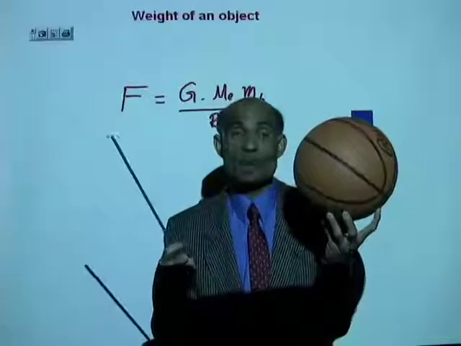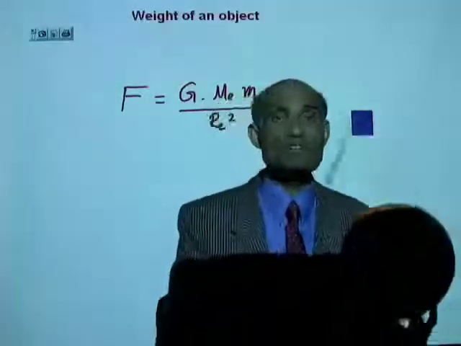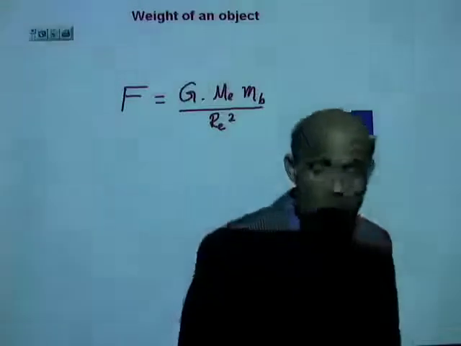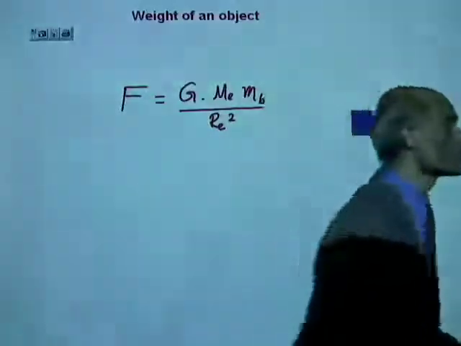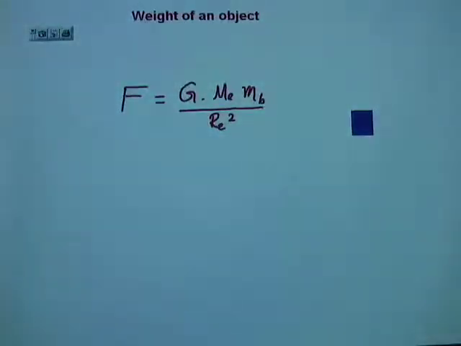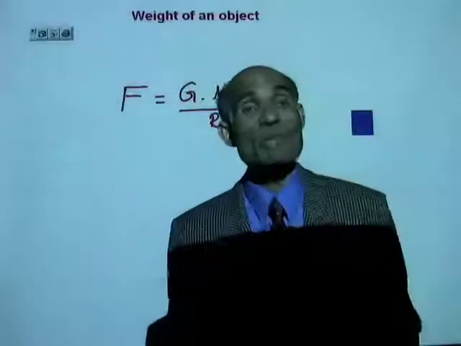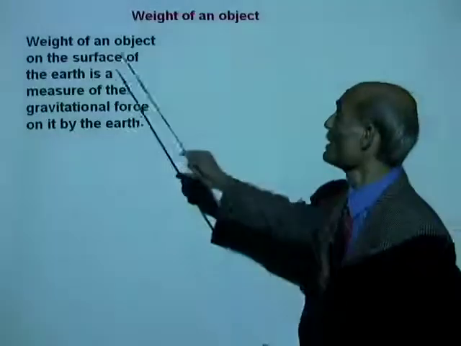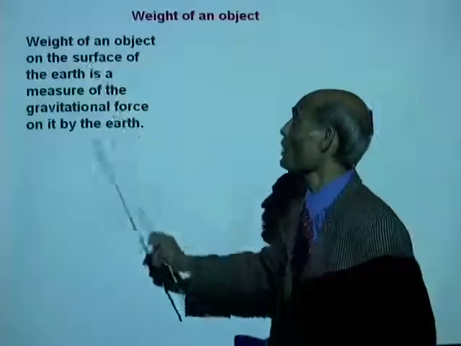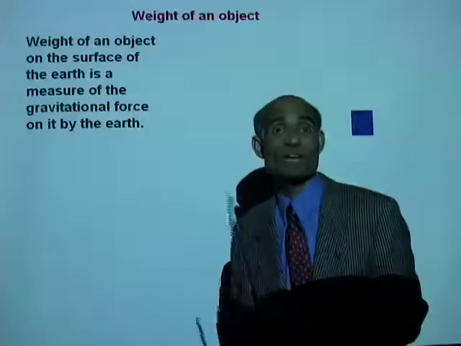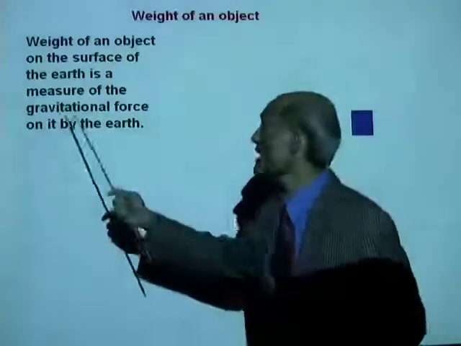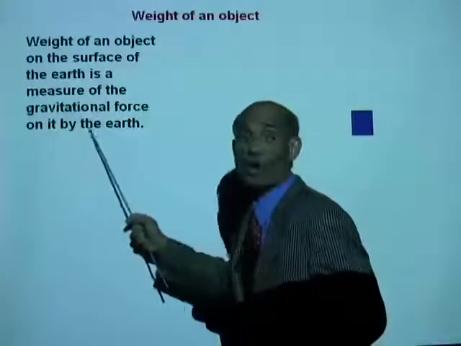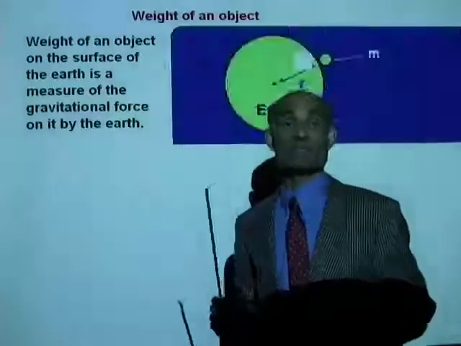So weight of an object is the gravitational force the object experiences due to the pull of the earth. And therefore, we will now be able to obtain an equation for the weight of the earth. Weight of an object on the surface of the earth is a measure of the gravitational force on it by the earth.